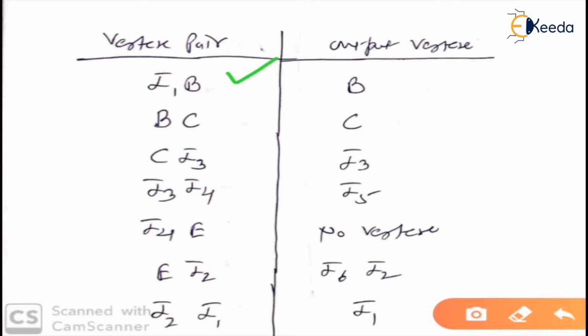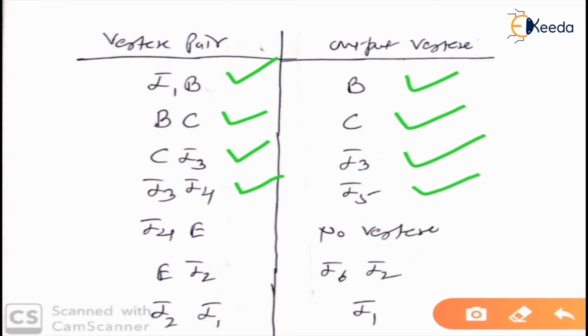For I1B, the output vertex will store only B. For the BC line, in the output vertex list we store only the second coordinate C. In CI3 we store only the second coordinate I3. For I3I4 we want to clip this, so again we store only the new intersection point, that is I5.